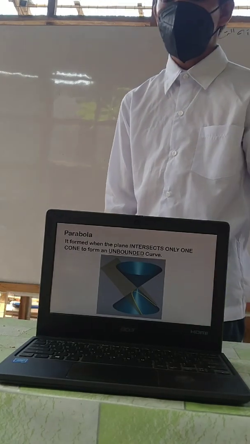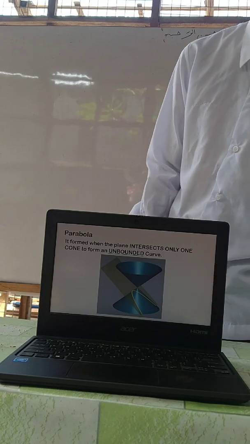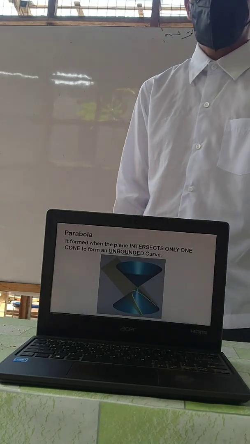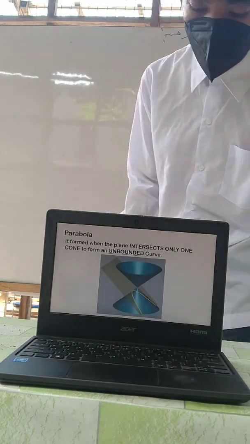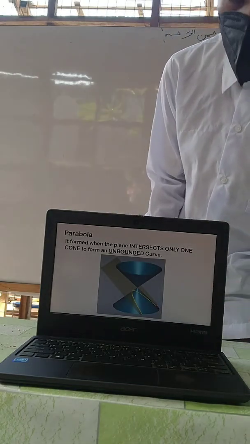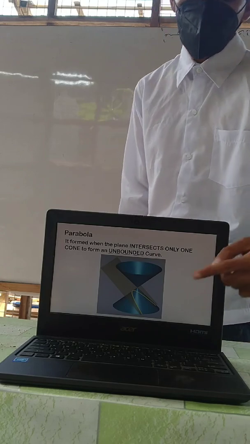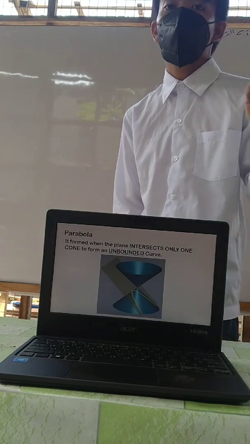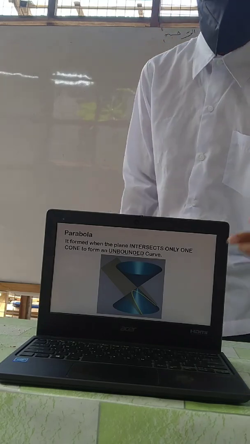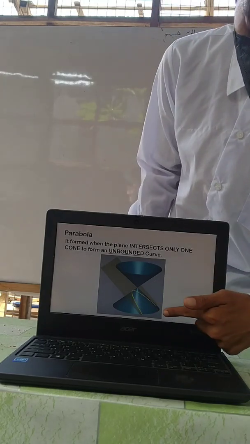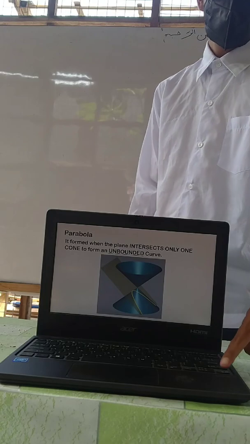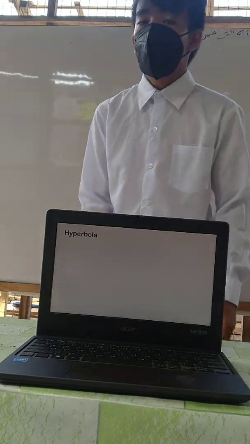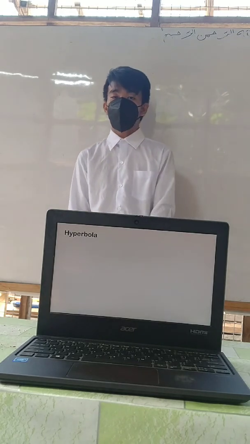Then this is the illustration. As you can see, there are two cones and the plane only intersects one cone. Then it forms only one unbounded curve here. Then the last type of conic sections is hyperbola.